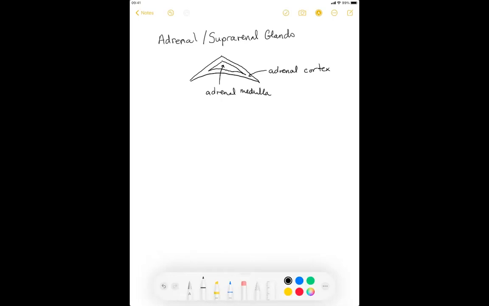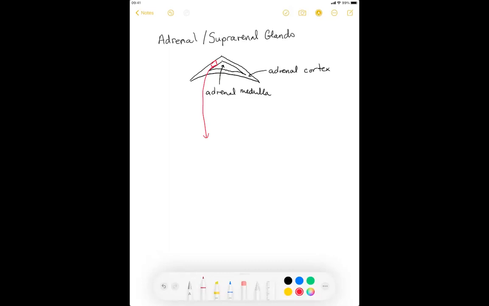If we were to take a part of the adrenal cortex and really look at it under the microscope, we'd see that there are three zones to the adrenal cortex. So we're going to take a small segment of the adrenal cortex, maybe this little segment here, and look at it as it is under a microscope, although I'm not going to be able to draw an exact image.